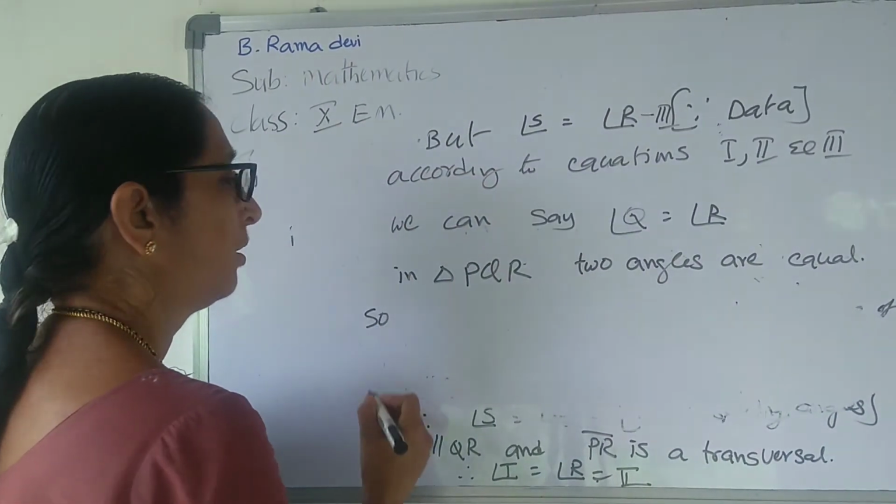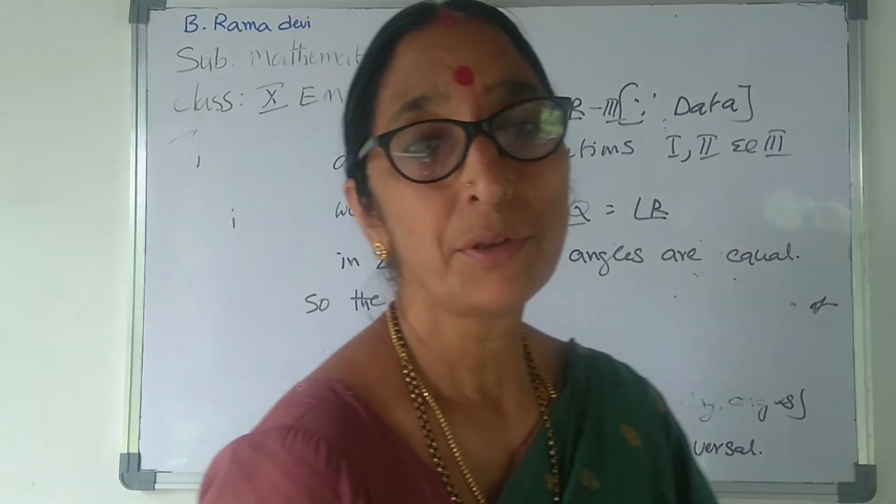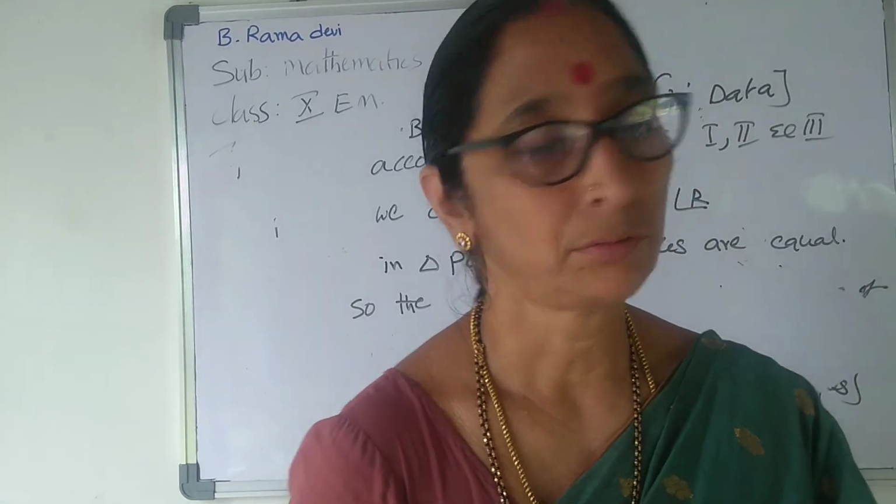So the opposite sides, write down, the sides opposite to the equal angles are also equal.